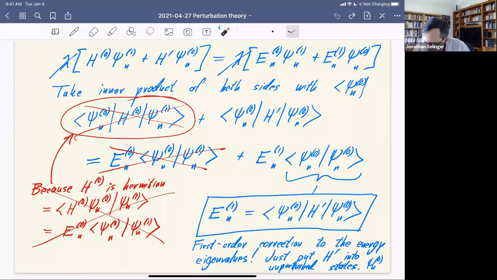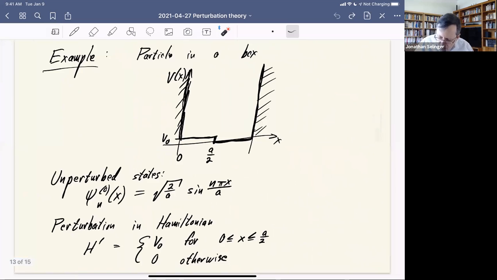That is, if you know the old unperturbed states, you just need to make up an inner product where the perturbation H prime acts on the old ket, and you take the inner product with the old bra, and you're done. We did an example of that for this kind of a bump in the particle in a box. The perturbation is this little increase in the potential energy on the left side of the box.